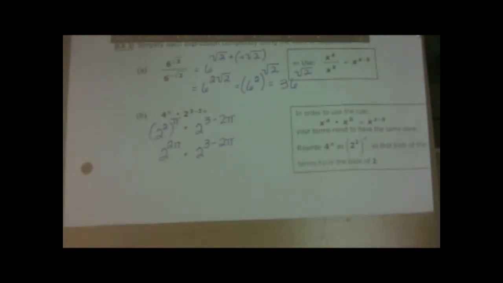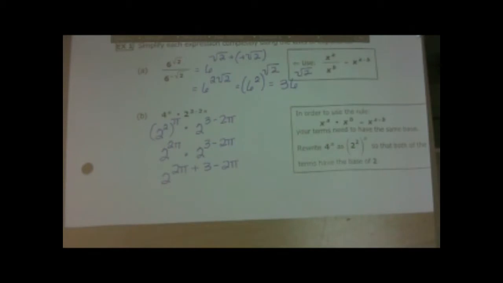Next thing I'm going to do, add those exponents. So this equals 2 to the 2 pi plus 3 minus 2 pi power. And the plus 2 pi and the minus 2 pi cancel. So this is 2 to the 3rd power, which is just 8.